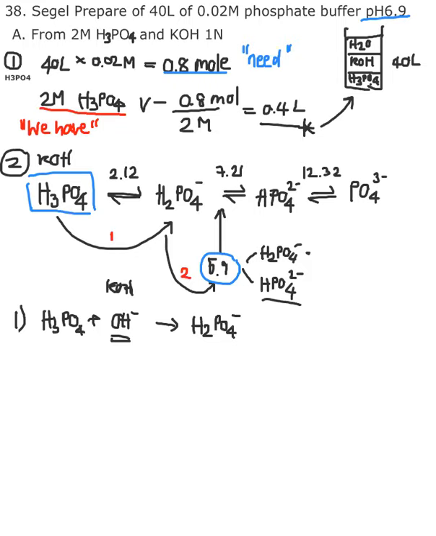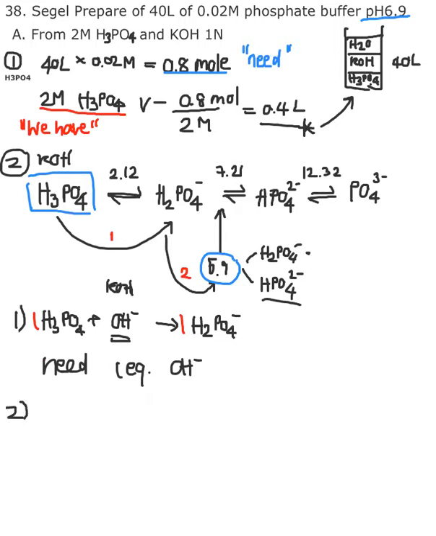So we have to change 100%, or one equivalent, of H3PO4 into one equivalent of H2PO4 minus. That's just how you balance the equation. It means that you also need one equivalent of hydroxide ion in this reaction. So that is the first step.